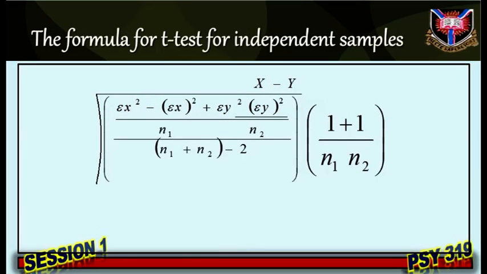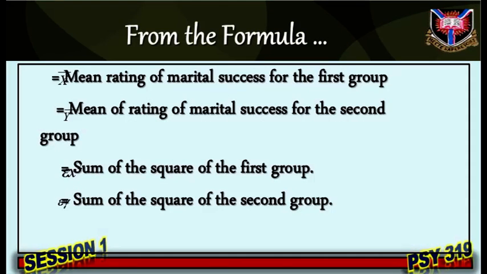The formula for the t-test for independent samples is given below, where x bar is equal to the mean rating of marital success for the first group. Y bar is equal to the mean rating of marital success for the second group. Summation x squared is equal to the sum of the squares of the first group. Summation y squared is the sum of the squares of the second group.